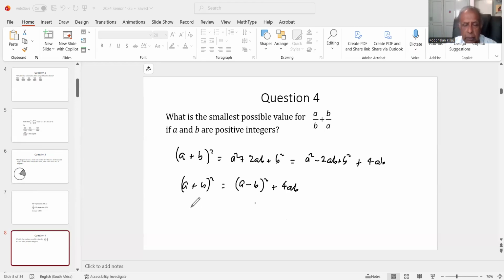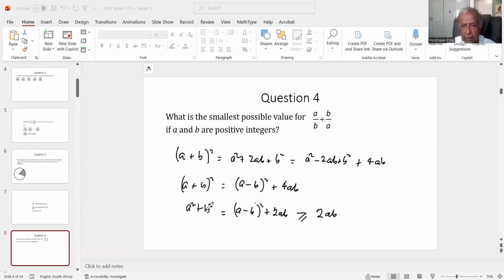And that is A squared plus B squared is equal to (A minus B) all squared plus 2AB. But the important thing is that this is greater or equal to 2AB. Always.